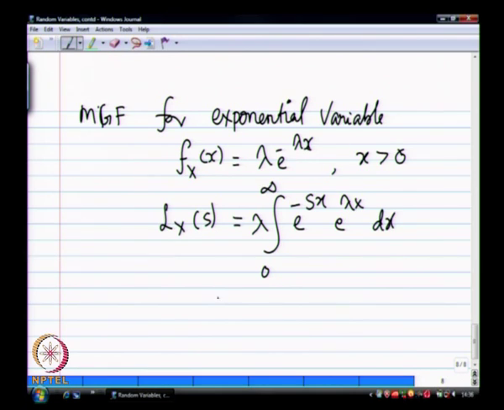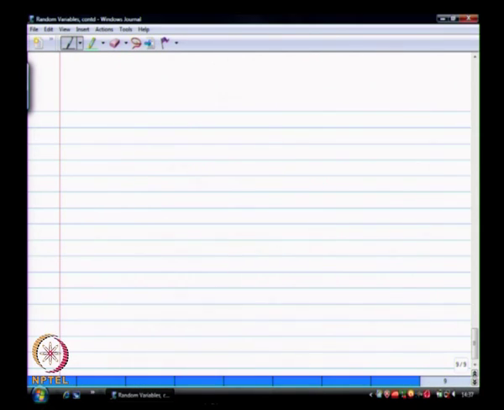Okay, so then it is lambda, this is basic integration.